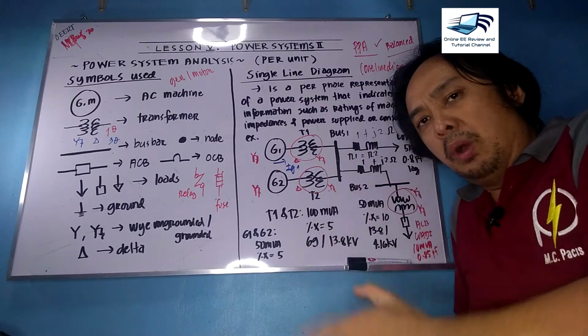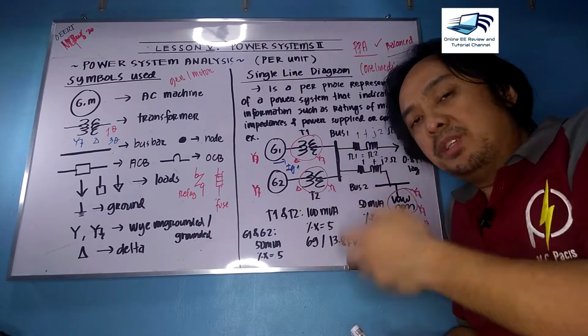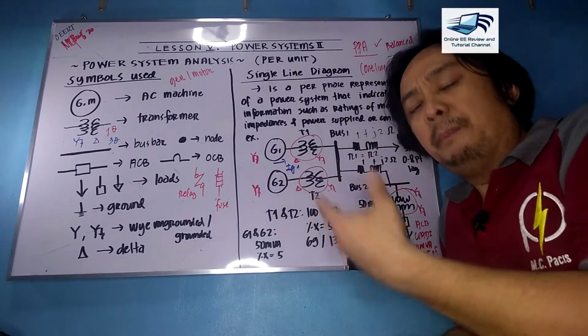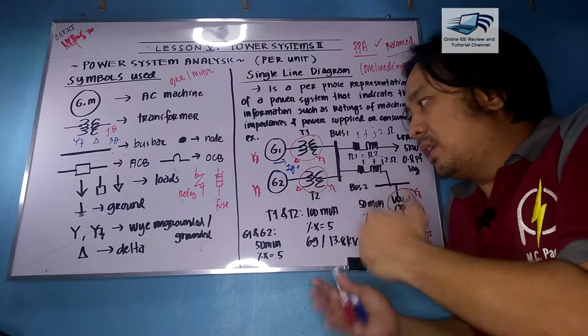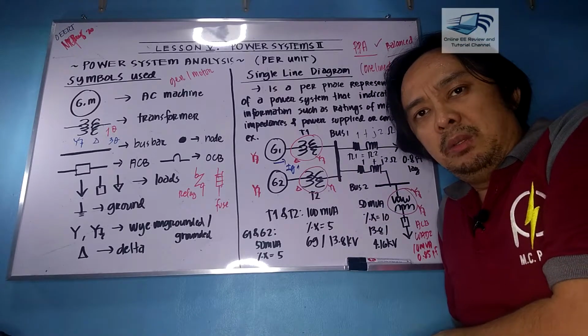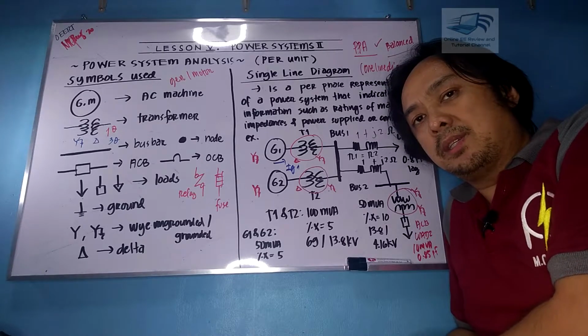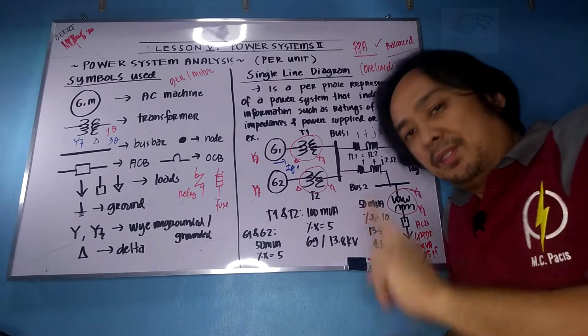You need to have the most important part of power system analysis, which is modeling of the parameters in per unit. So this is just an introductory. Then on our next slide, we will discuss single phase per unit analysis. Stay tuned.